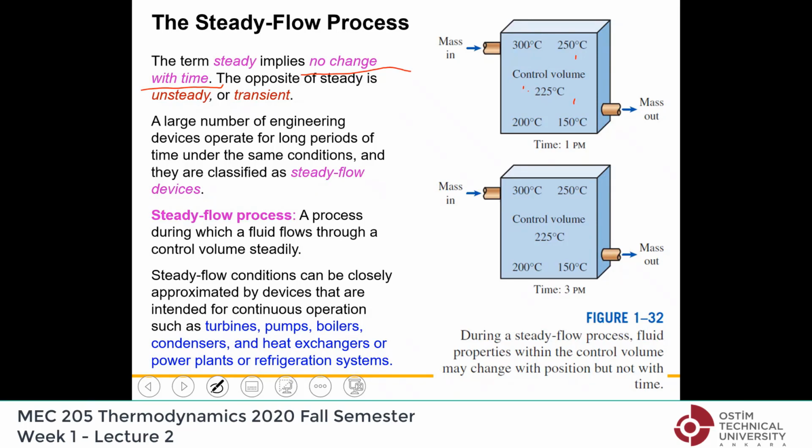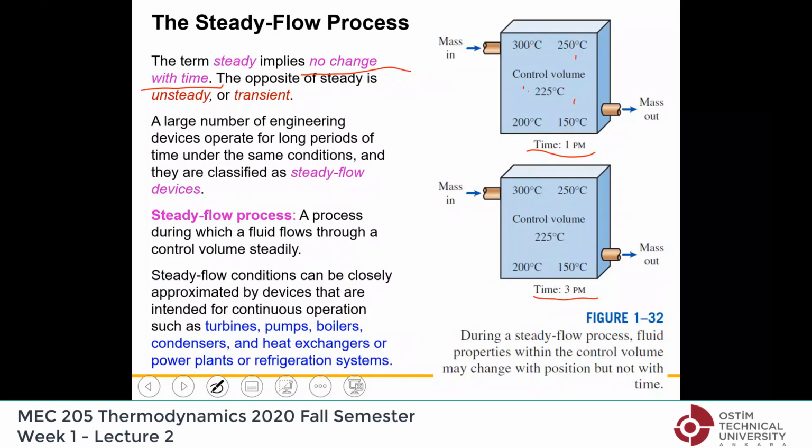This may be like a water heater or something. Inside, the temperature can be like 300 here, 225 there, 150 here, whatever. And let's say after 1 hour, again, no change spatially, same values, although they differ from one point to the other. Since there is no change with time, this is a steady flow process.